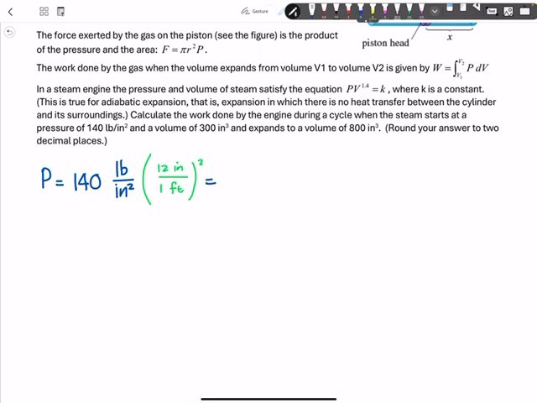So I will multiply 140 by 144 square inches over 1 square foot, and this gives me a value of 20,160, now measured in pounds per square foot.